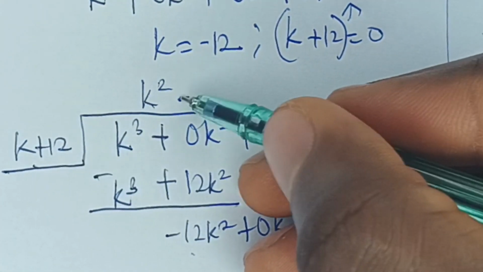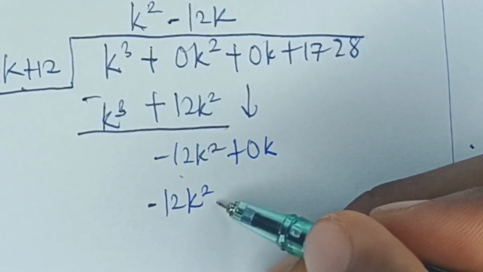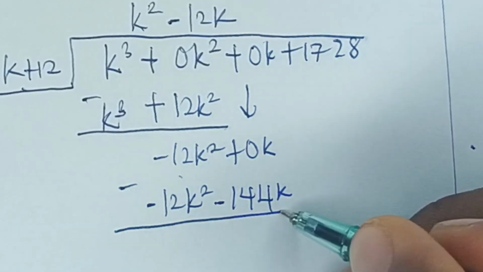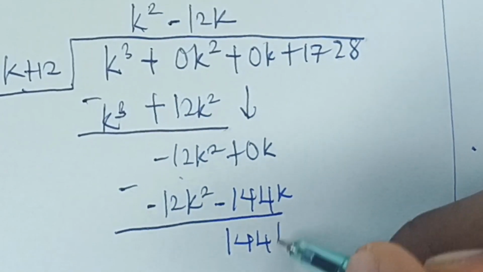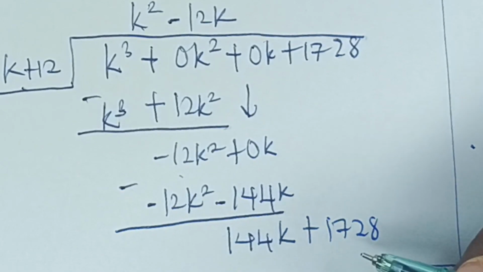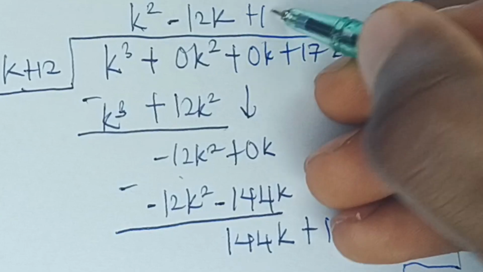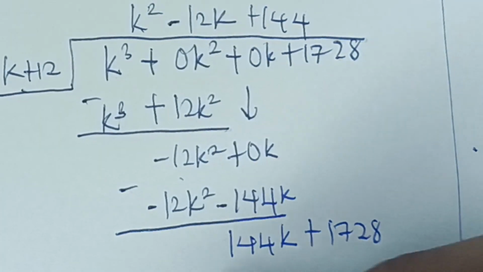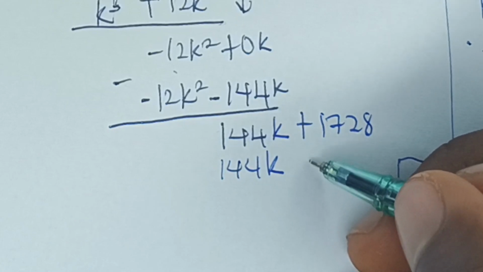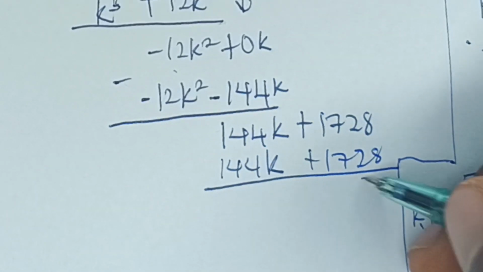Dividing again, we have minus 12k, and then minus 12k squared minus 144k. When you subtract again, you have plus 144k, and then plus 1728. Dividing again, we have plus 144, giving 144k plus 1728, and this is finished.